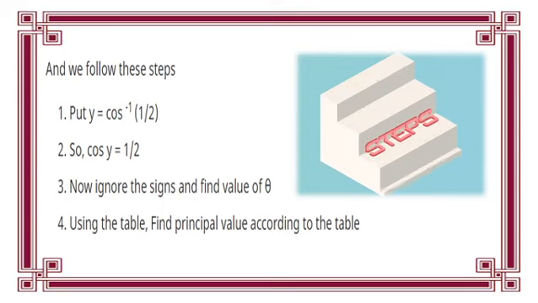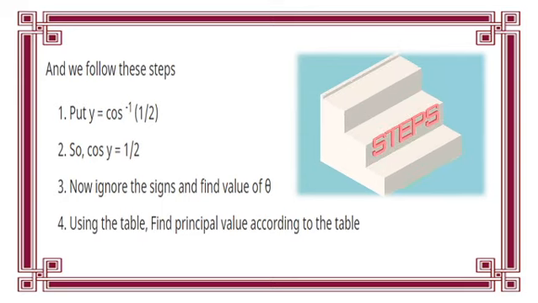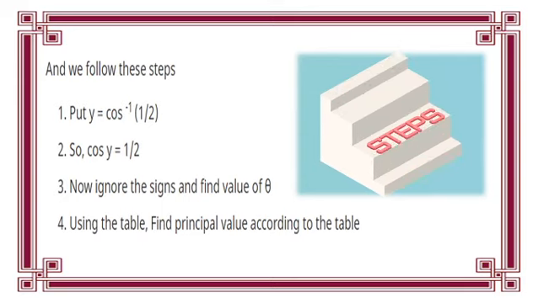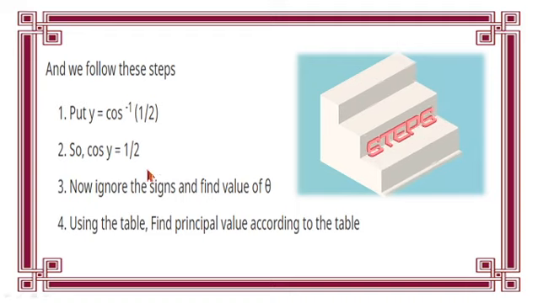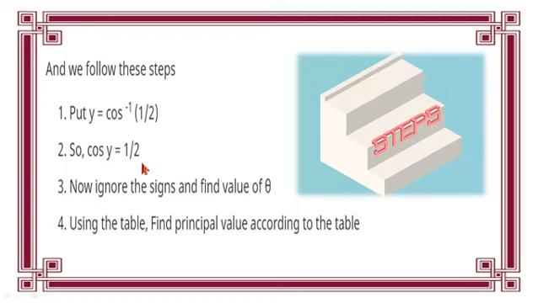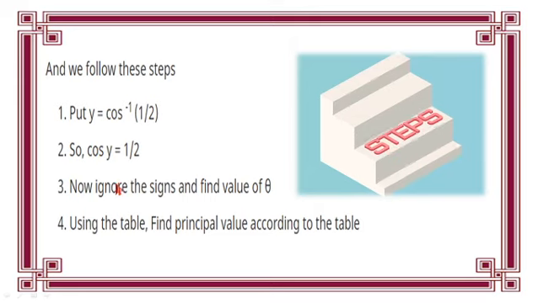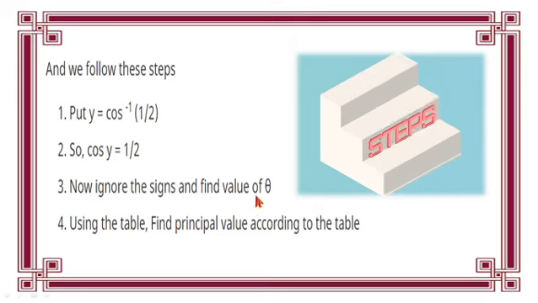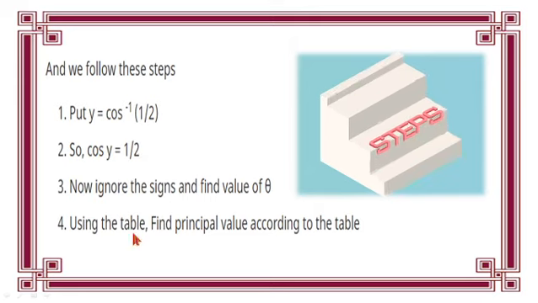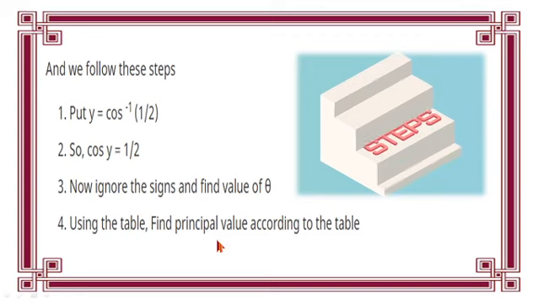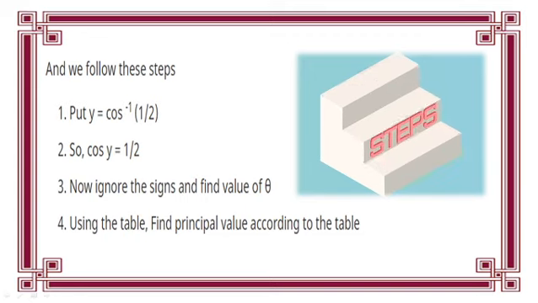What are the steps that we have to follow? First of all, put the given thing equal to y. Then let's take the cos function on both sides, cos y equal to half. Now ignore the signs and find the value of theta. And using the table, find the principal value according to the table.